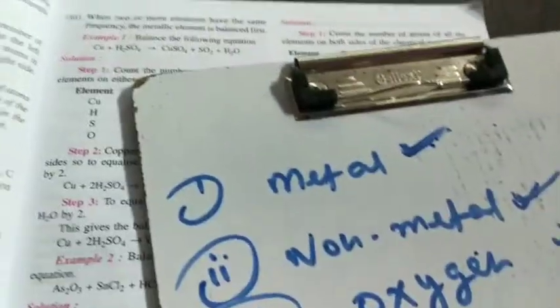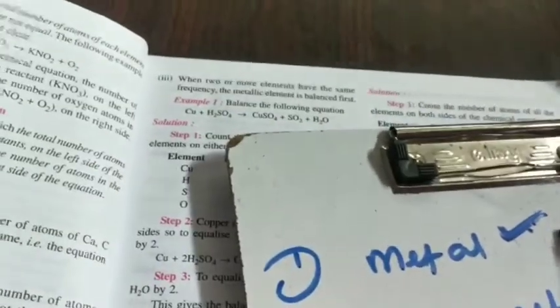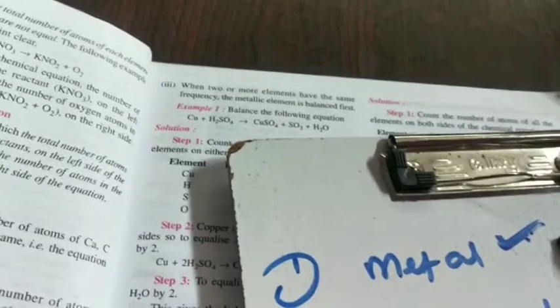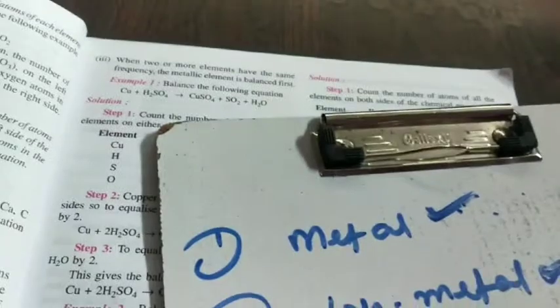For example, if you balance metal, then you go for balancing the non-metal. After balancing the non-metal, again you go backward to the metal step and check that your balancing is still correct. The order is: first balance metal, then non-metal, then oxygen, then hydrogen.